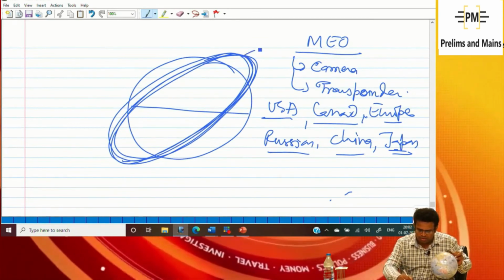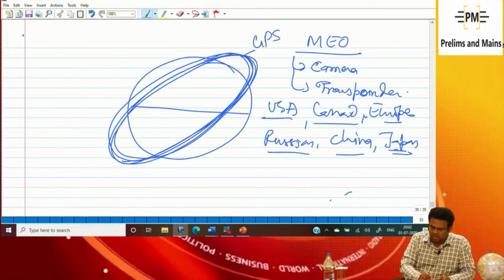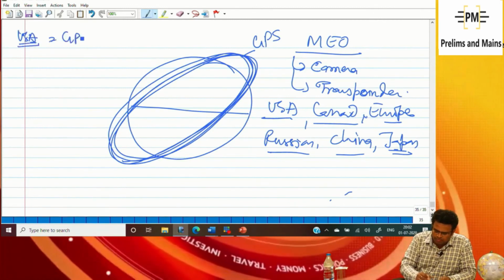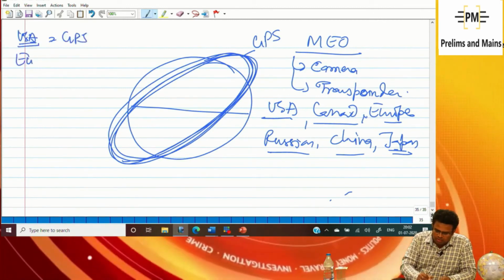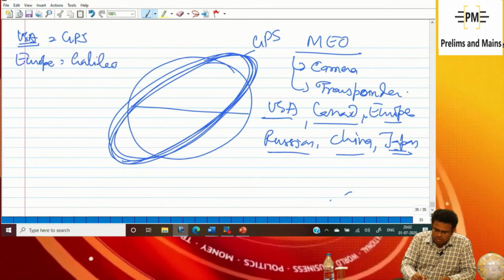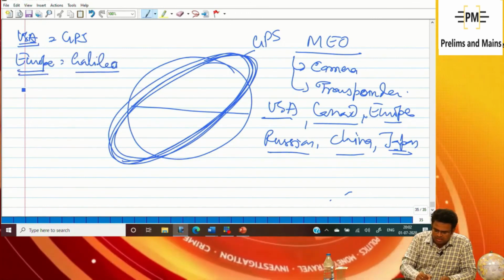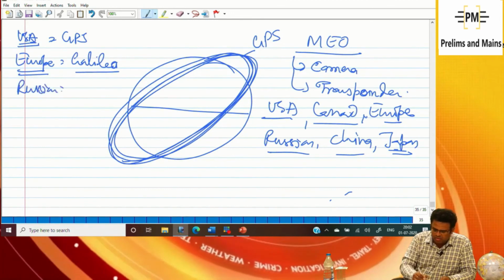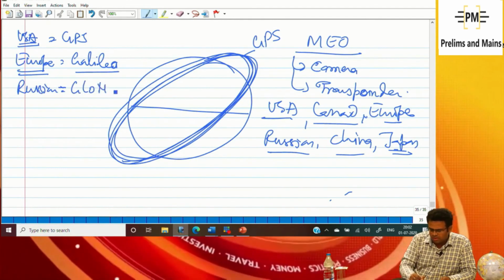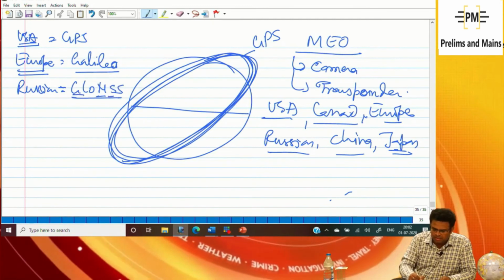if it is the GPS system of USA, let me tell you first, in the medium earth orbit USA is utilizing their GPS system. Europe is using Galileo, and Russia has also a series of satellites for navigation, GLONASS, the Global Navigational Satellite System.